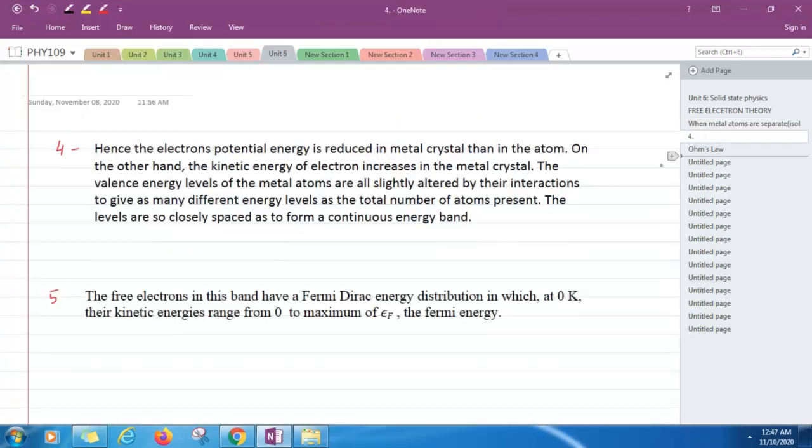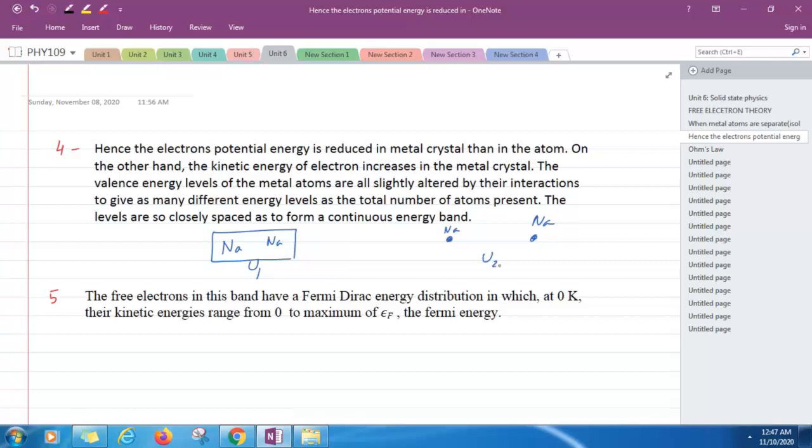Now point number 4: the electron potential energy is reduced in a metal crystal than in the atom. Let's take a metal crystal here, with atoms inside it, and I am taking an isolated sodium atom also. Here the potential energy is, suppose, U1, and here the potential energy is U2.